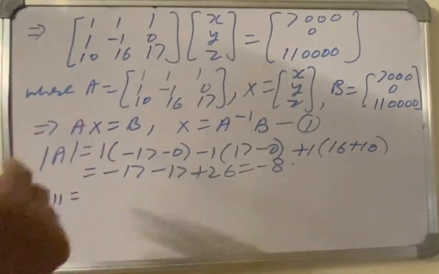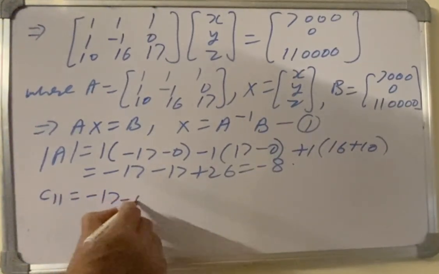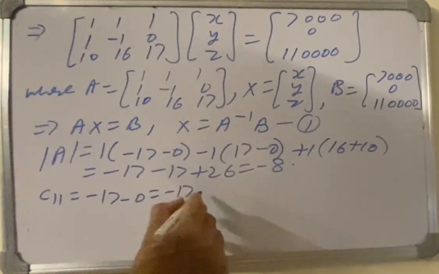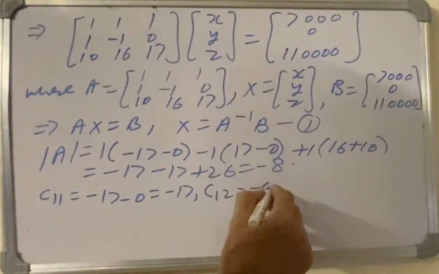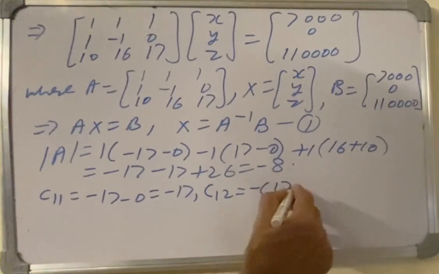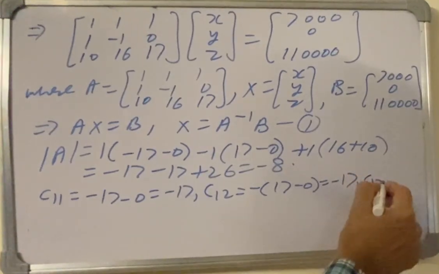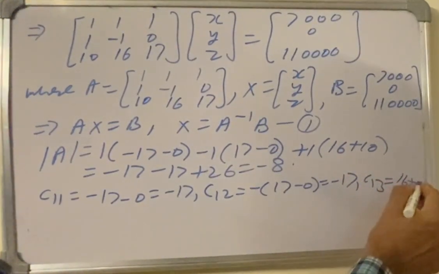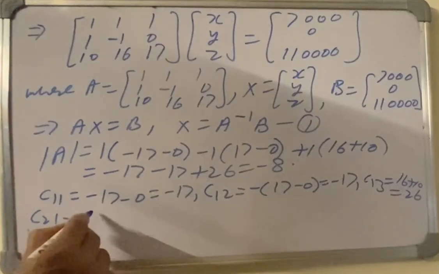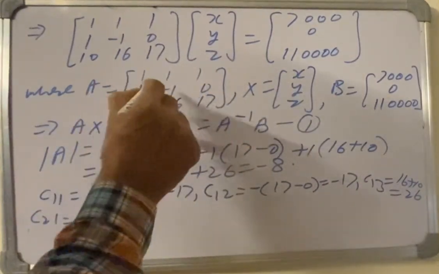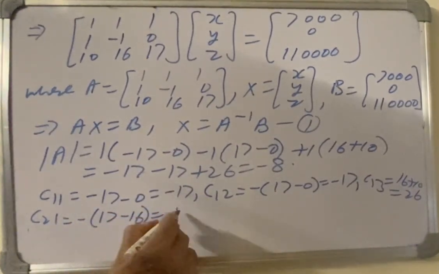C11, the cofactors of the elements of the first row: it is minus 17 minus 0, it is minus 17. C12 is minus of 17 minus 0, it is minus 17. C13 is 16 plus 10, it is 26. Then C21 is minus of 17 minus 16, it is minus 1.